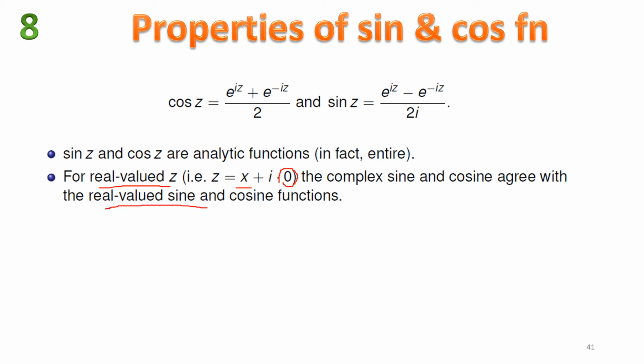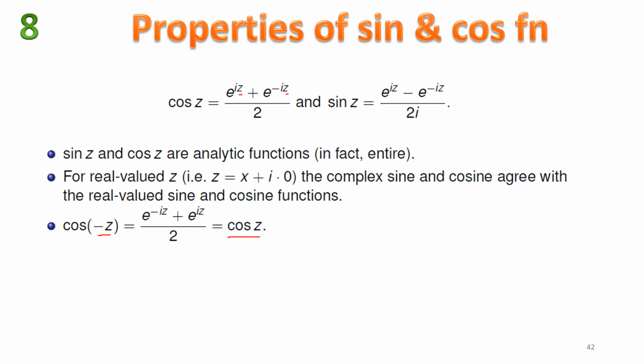That is for sure. Now cos of minus z we are trying to write. So to write cos of minus z, we have to replace z by minus z at every place. So here z is replaced by minus z. So there is just a flip of terms: e to the minus iz plus e to the iz. Addition is commutative, so that is cos of z.